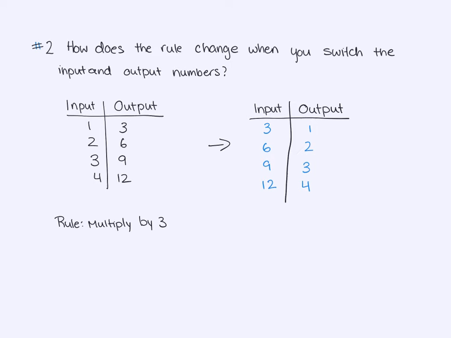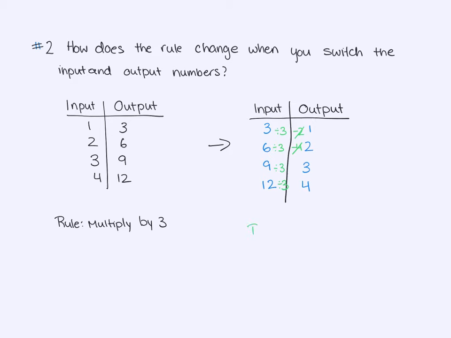So now you'd be able to see, okay, how do I get from 3 to 1? Well, I could divide by 3, or I could subtract 2. How do I get from 6 to 2? I could divide by 3, or I could subtract 4. Now our subtracting is already different, so let's see, can we divide for all of them?